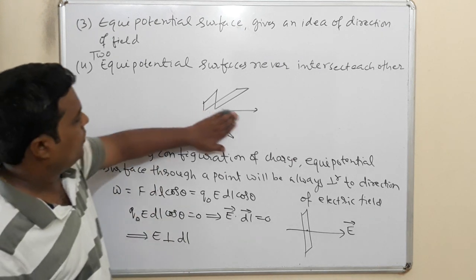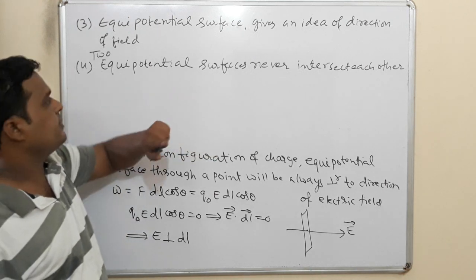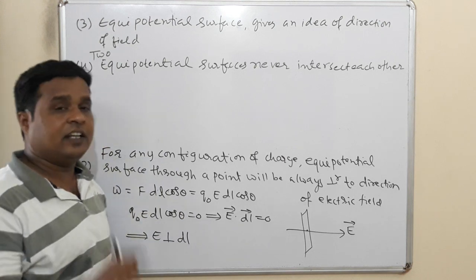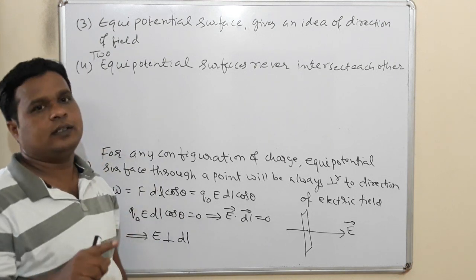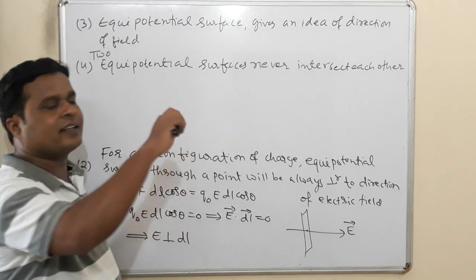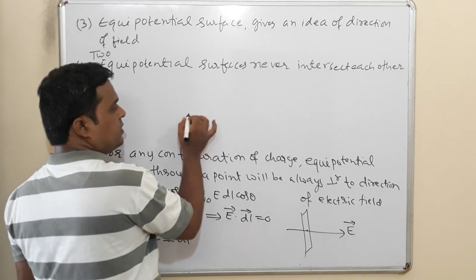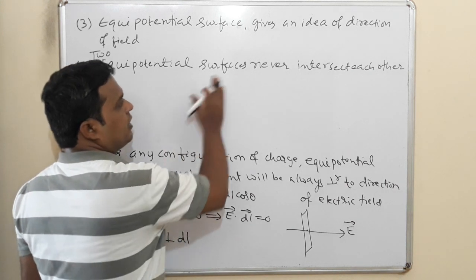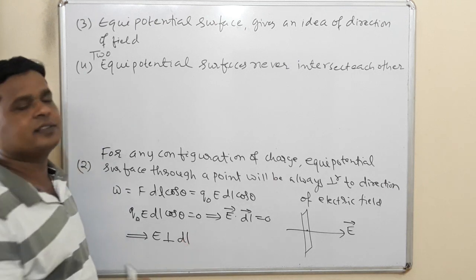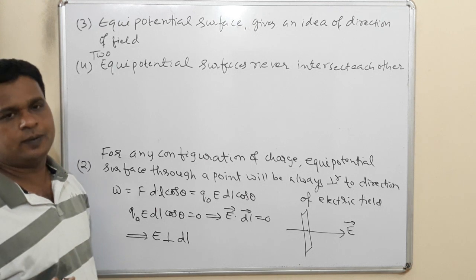Like electric field lines, equipotential surfaces never intersect. While drawing, we do not intersect two equipotential surfaces at a point, because if they intersect, it means that at the point of intersection the electric field has two directions, which is not possible.